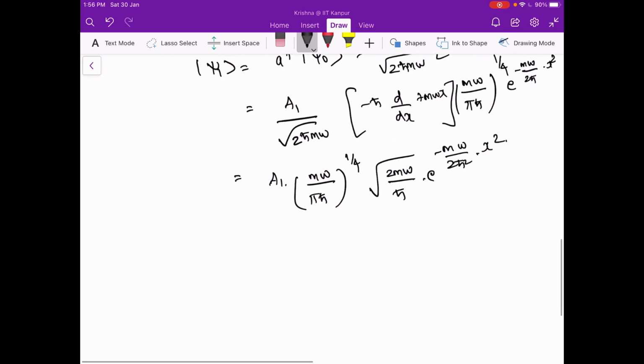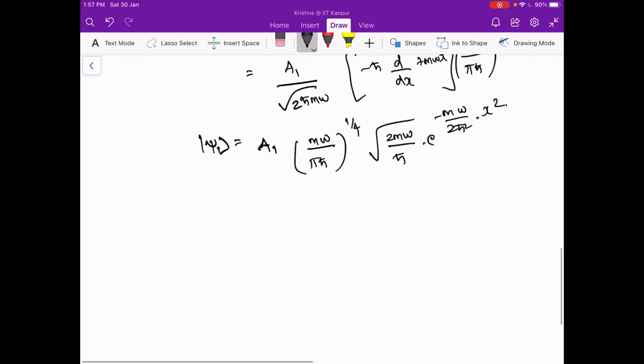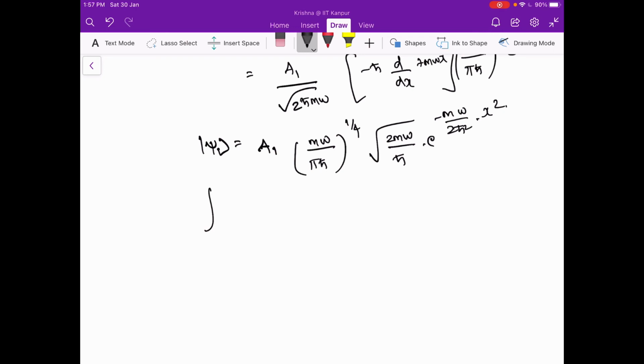And of course this can be normalized, and when we normalize we will find A1 to be equal to 1, and this will just vanish. Okay, psi 1 is A1, and to normalize this we have psi 1 star psi 1 dx, which will prove A1 square will be equal to 1, which will make A1 equal to 1.